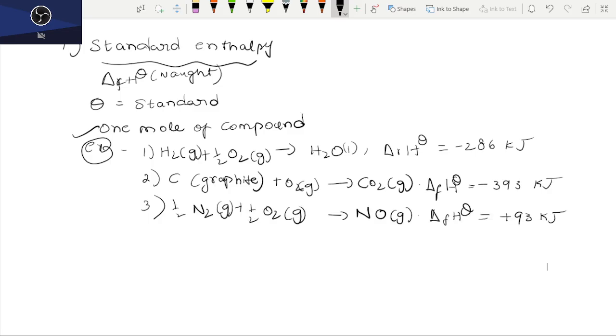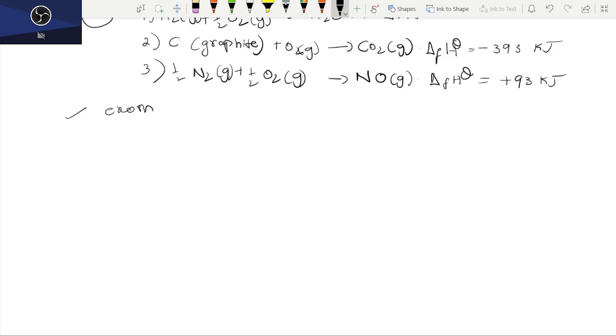Now, after standard enthalpy, what do we have to learn? A compound formed with the evolution of heat is called an exothermic compound. What do you mean by exothermic compound here? An exothermic compound is nothing but a compound formed with the evolution of heat.